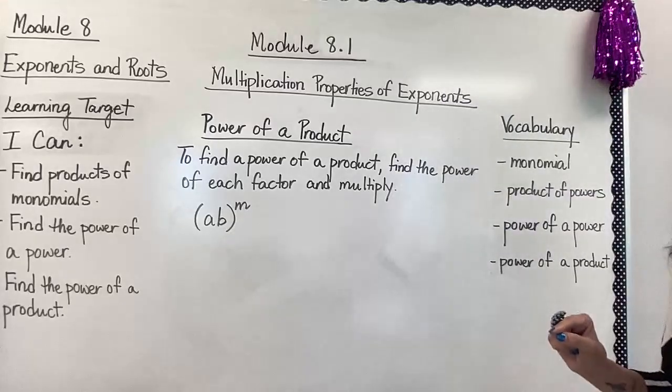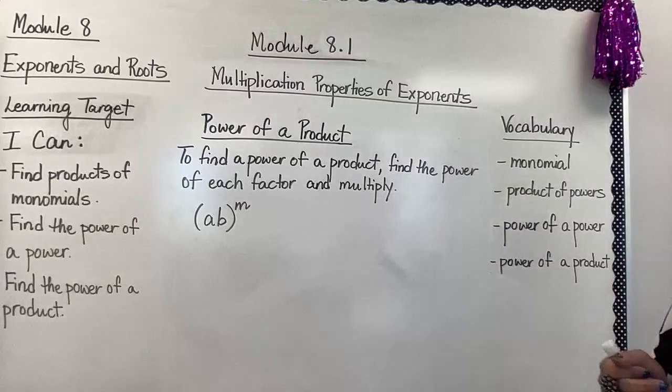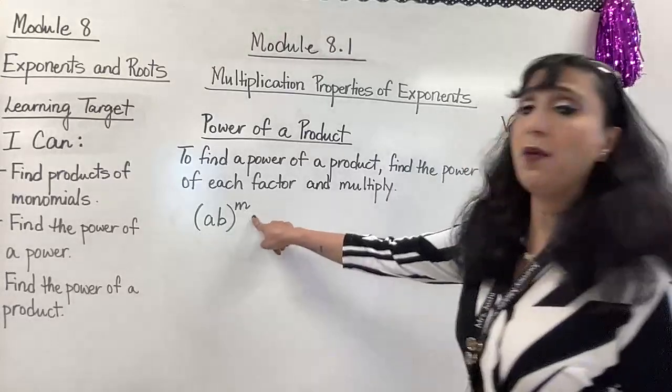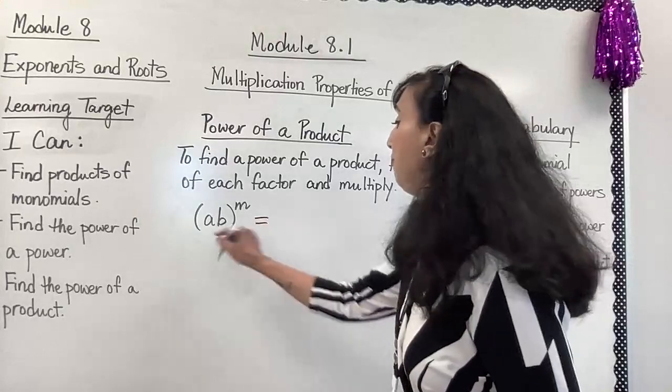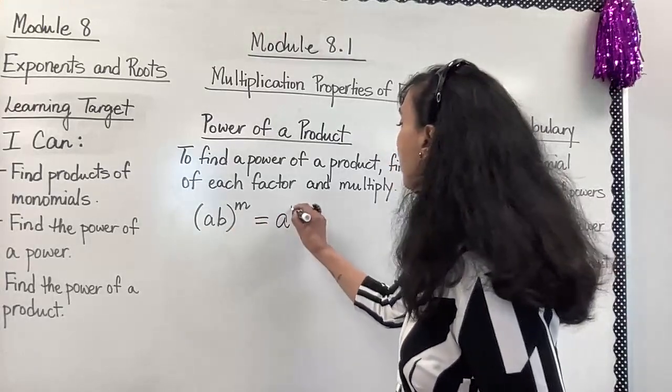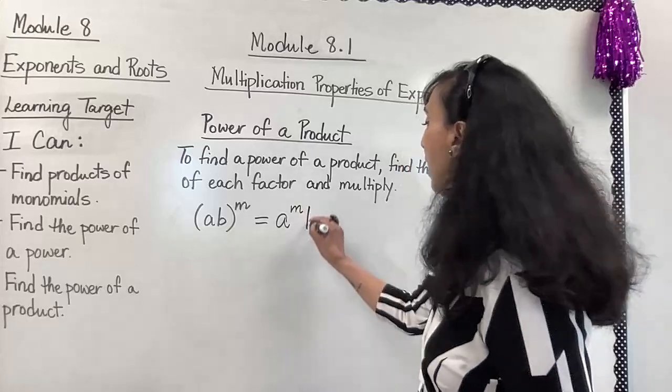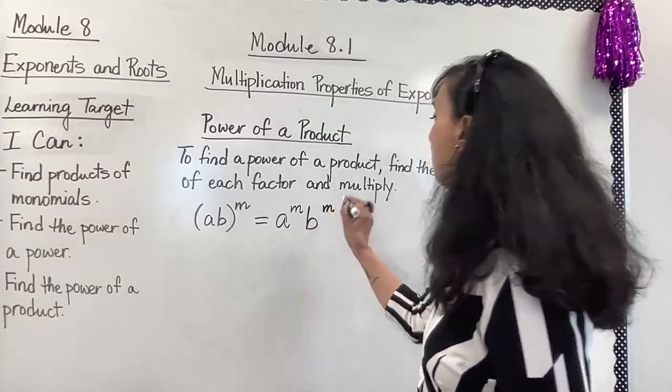So for any real numbers A and B and any integer m, AB raised to the m power is equal to the factor A to the m power and the factor B to the m power.